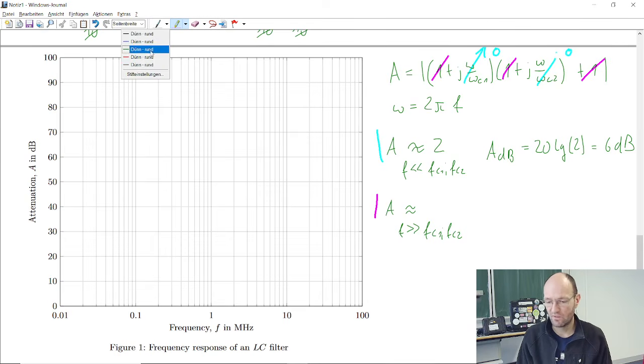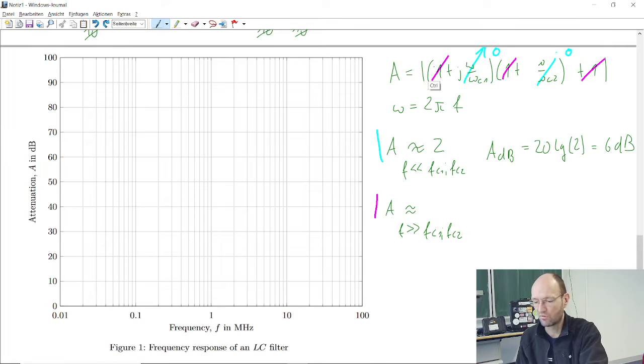So then what you have left is j times j. So j times j is -1, but if we just take the magnitude, we don't care. So we can also neglect the j in this case. Okay, so we get omega divided by omega c1 multiplied with omega divided by omega c2.